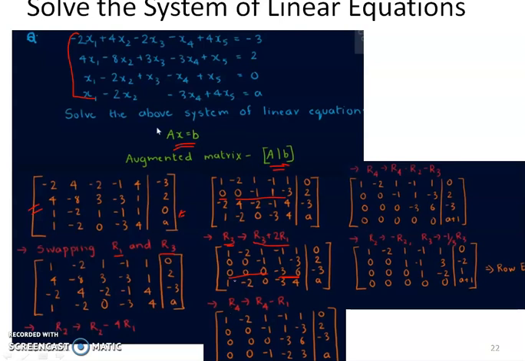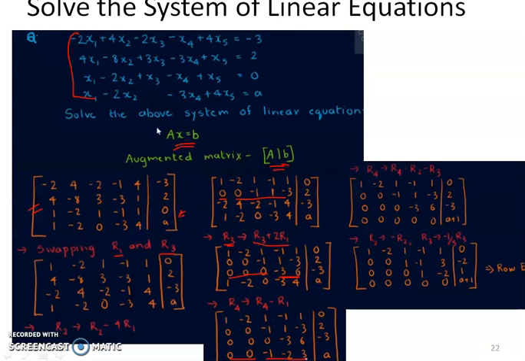Then R4 needs to change: R4 minus R1. You get these two values as 0, and compute the remaining values.